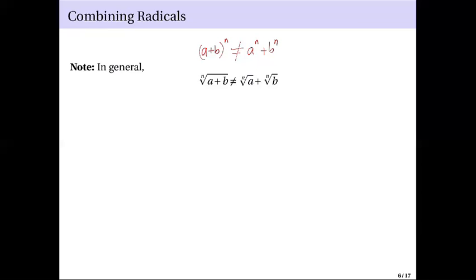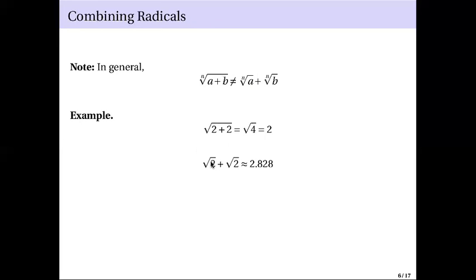Okay? For an example here, we have the square root of 2 plus 2. 2 plus 2 is equal to 4, and the square root of 4 is equal to 2, because 4 is just 2 squared. Okay? So what if we do this right-hand side here?